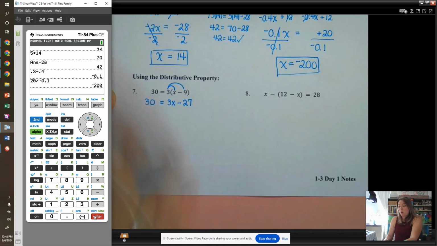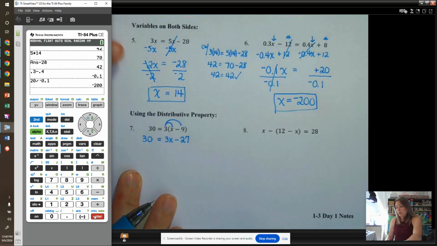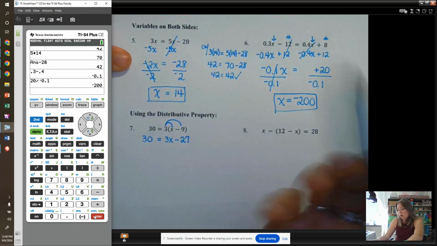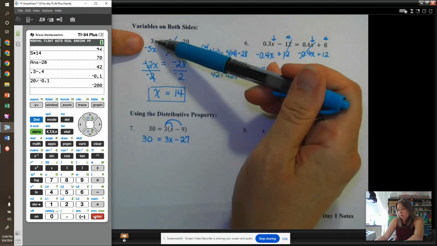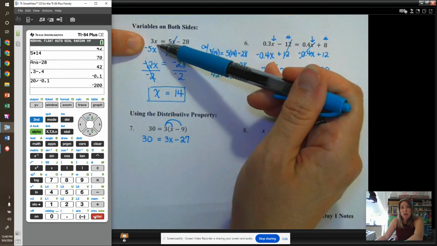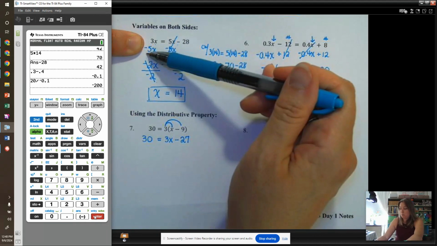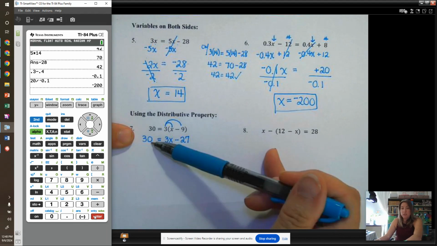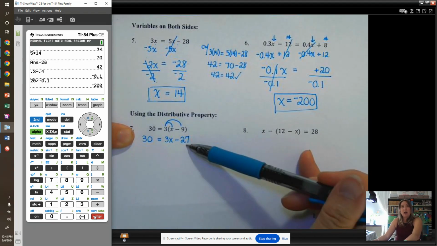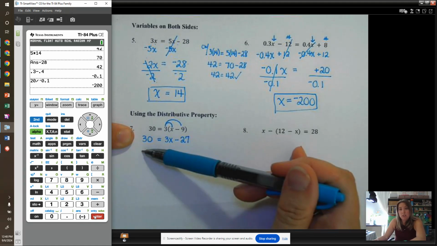Now think back to what we did with variables on both sides right here. Well, we said, we've got all of our x's over here already, so let's move the other ones to be with that, right? You've only got numbers on this side already. The easiest path would be to add 27 to both sides.